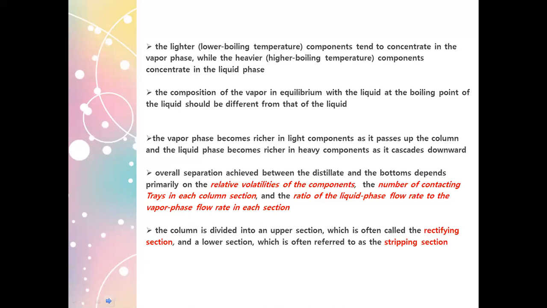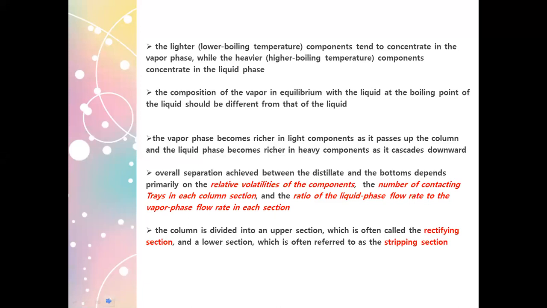Now, the overall separation achieved between the distillate in this sense and the bottoms for our distilling column depends primarily on the following factors. So we have to look into the relative volatilities of the components, the number of contacting trays in each column or section. So again, you have to take note that aside from having two phases, you now have what we call sections in your still.